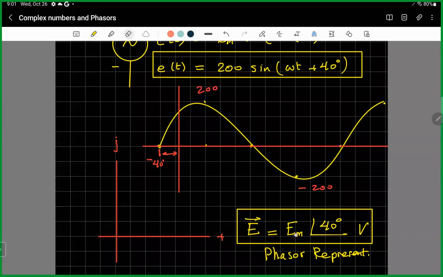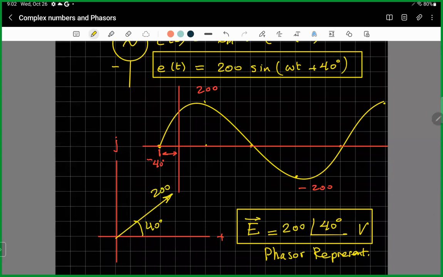Now, how do you sketch this phasor? We did it last time also. The magnitude here is 200, and the angle is 40. So you make an angle of 40 degrees, and you make a line with an arrow with magnitude equal to 200.